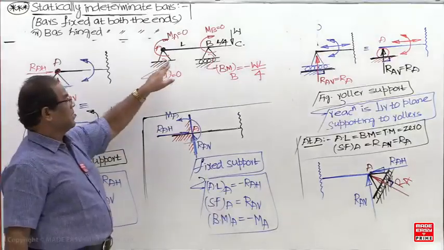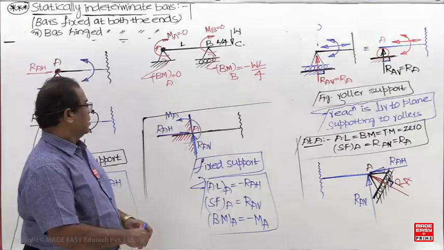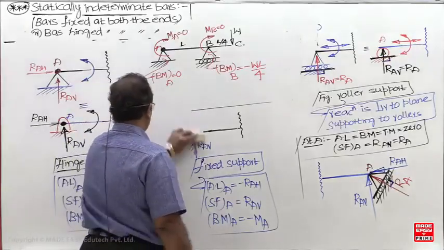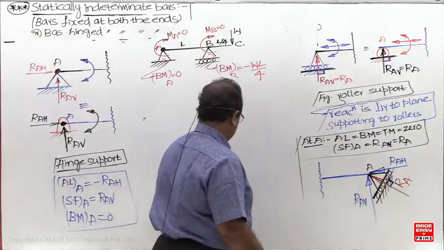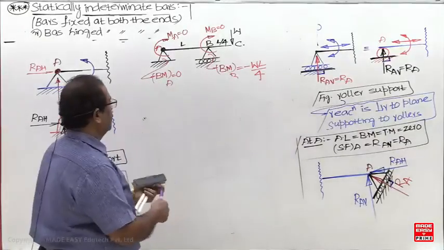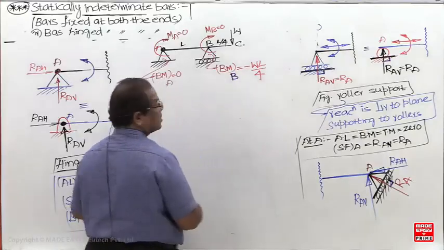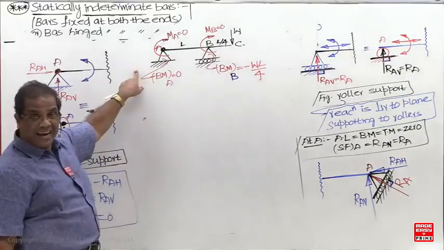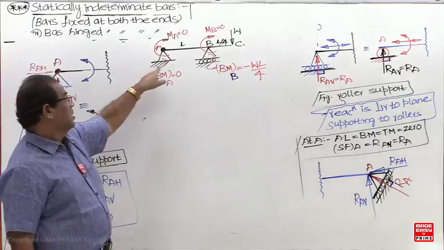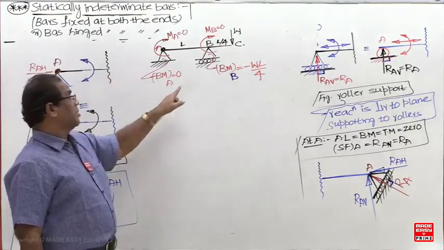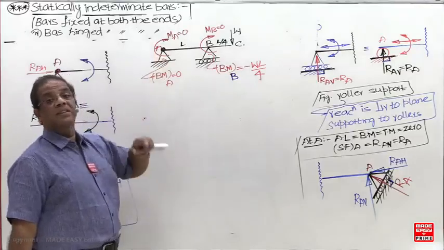This is at the extreme end, this is not at the extreme end. This is called a simply supported end. What is the meaning of simply supported end? A simple support provided at the extreme end is called a simply supported end, but this is called a simple support. It is a simple support, but this is called a simply supported end.